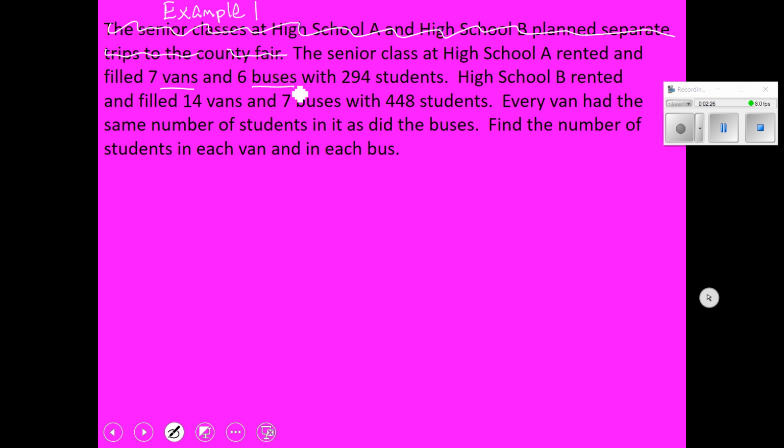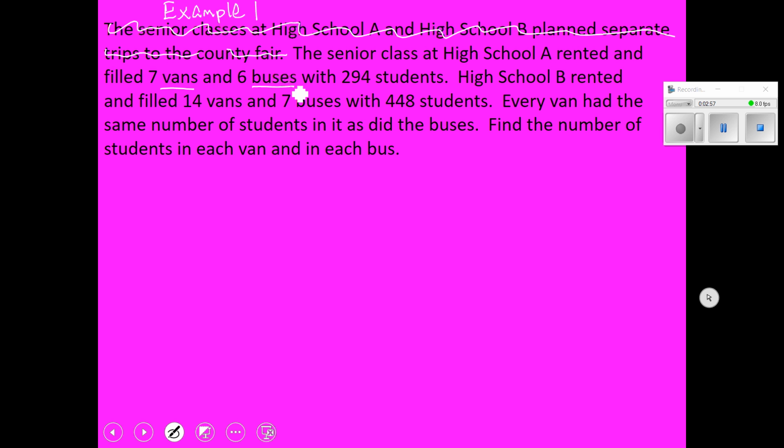If you only have 1 variable, you're going to set up 1 equation. If you have 2 variables, you set up 2 equations. If you had 3 variables, you would set up 3 equations. Because I'm comparing vans and buses, I know that I need to set up 2 equations. So that tells me I need a system.